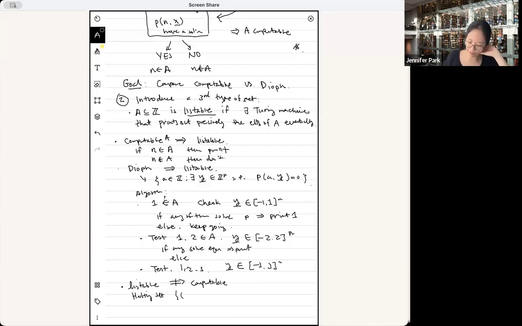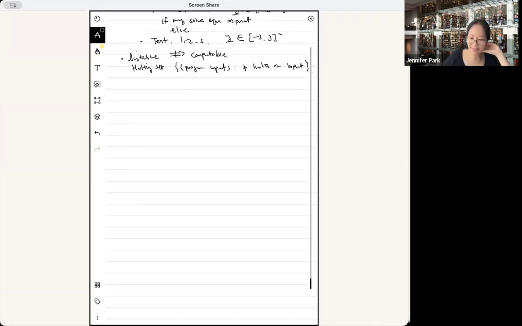The halting set was a program and an input such that P halts on the input. I claim that this set, which you can also write as a subset of the integers, for example as 2 to the program, 3 to the input, or something like that, is not computable, but it is listable.